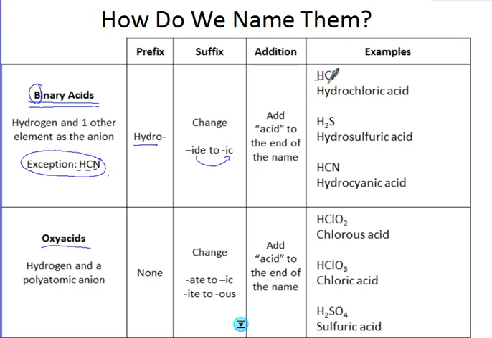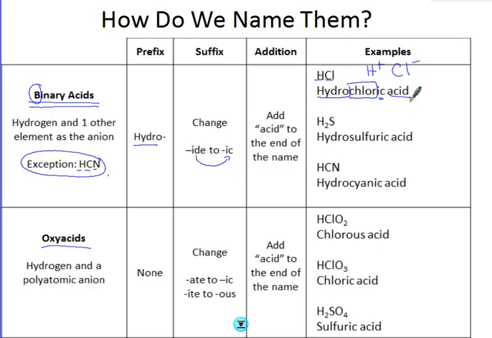This is a hydrogen and a chlorine. You see how it's H+ and Cl-. Hydrogen and chlorine are balanced. So we put the hydro, chlor, and then you see how we've got the "ic" at the end because it's hydrogen chloride. "Ide" becomes "ic," and then we add acid.